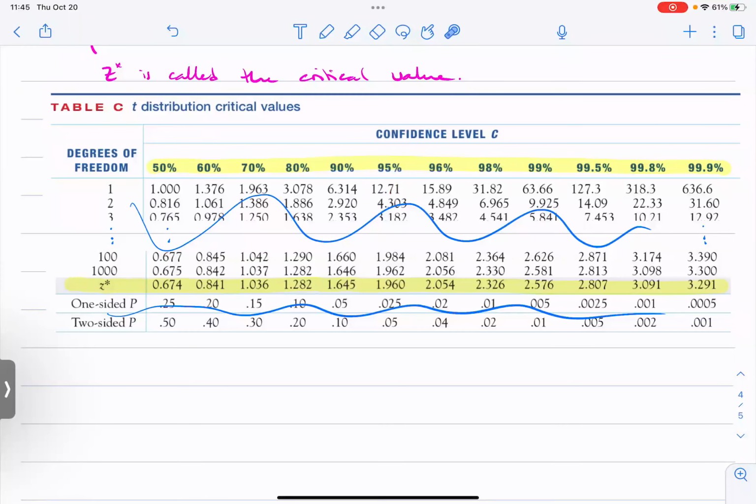On an assignment, though, I might get you to do a 97% confidence interval, right? Something that's not on the table, then you need to know how to get there. Okay. But for now, right, 95% confidence interval. So we can use the T table to find these critical values.